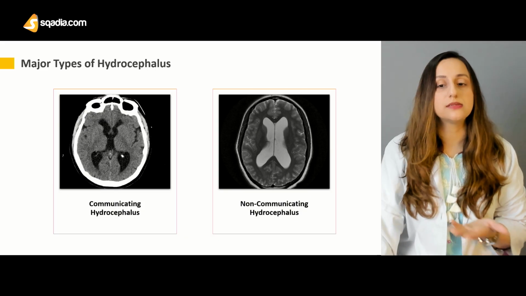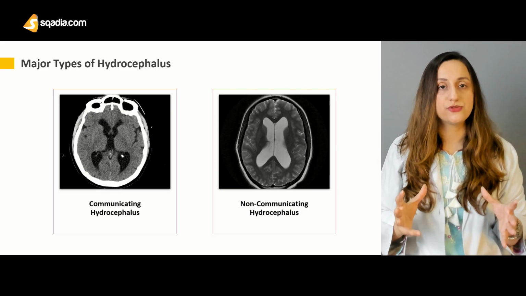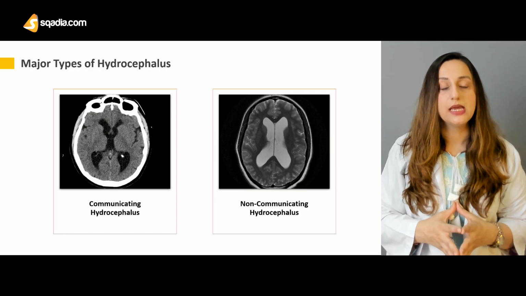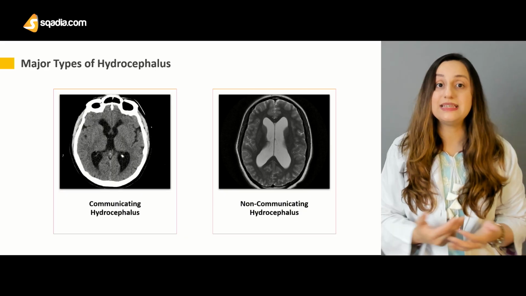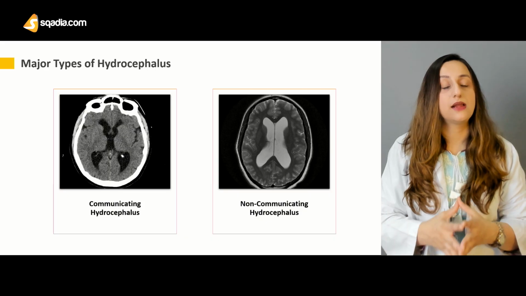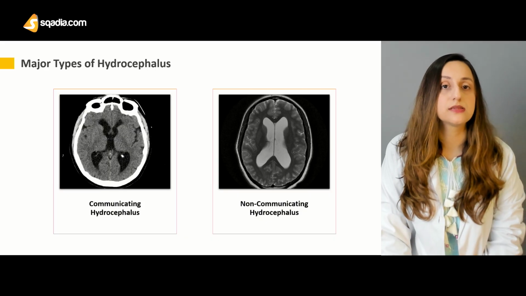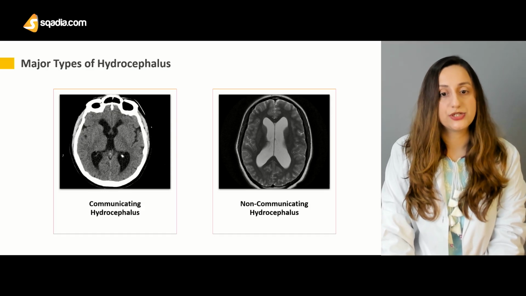You can see over here the enlargement of the lateral ventricles, noted even on radiographic imaging techniques like CT scans and MRIs. We can evaluate that there is an enlargement of the ventricles due to that back pressure in this particular type.